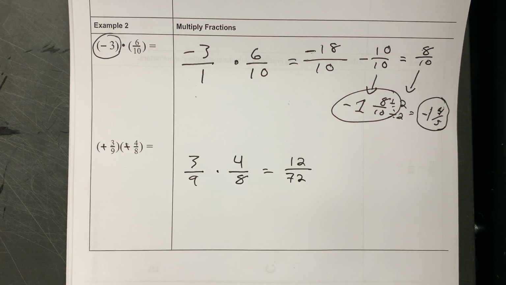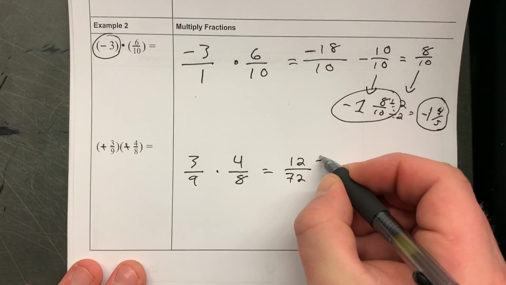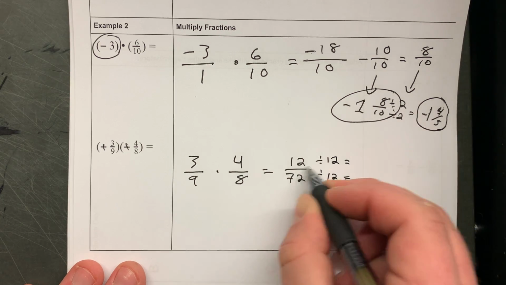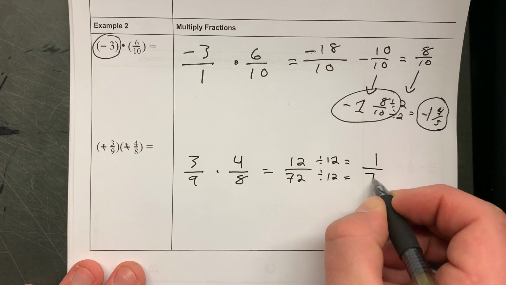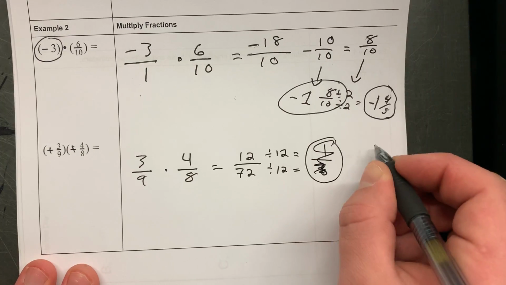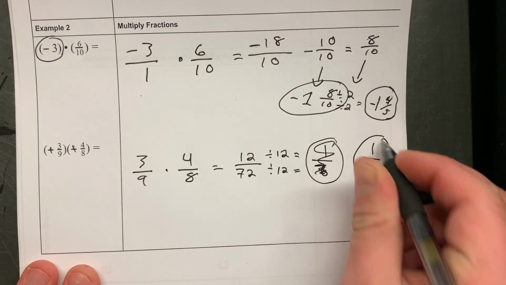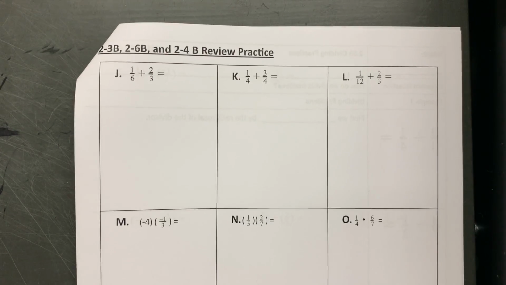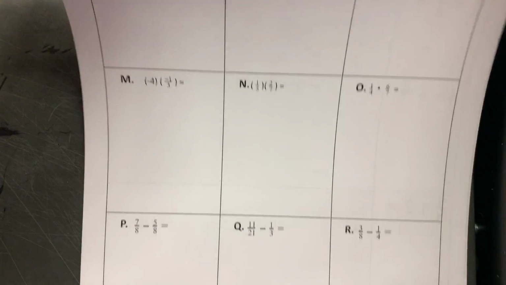I know that 72 is divisible by 12 because I know 6 times 12 gives me 72. And then obviously 12 is also divisible by 12. Divide each of them out, and I get 1/6. I'll rewrite this so it looks nice and pretty. You get 1/6.